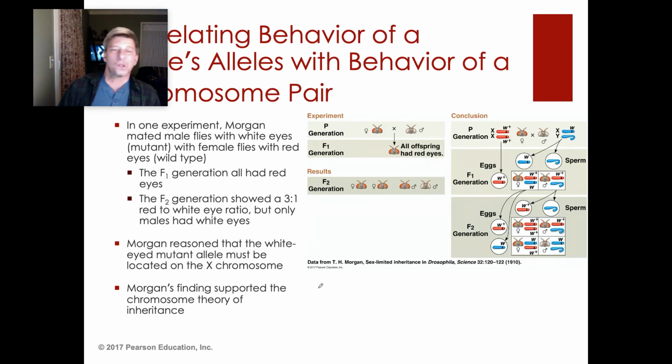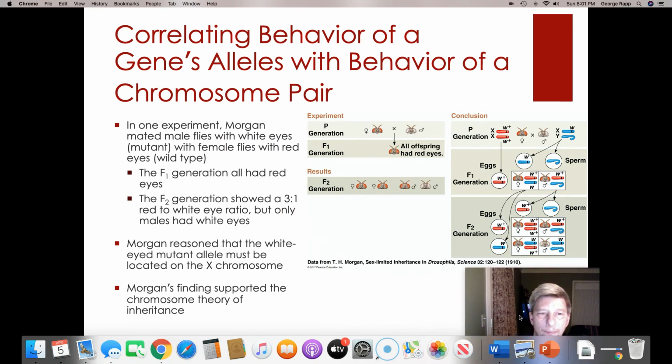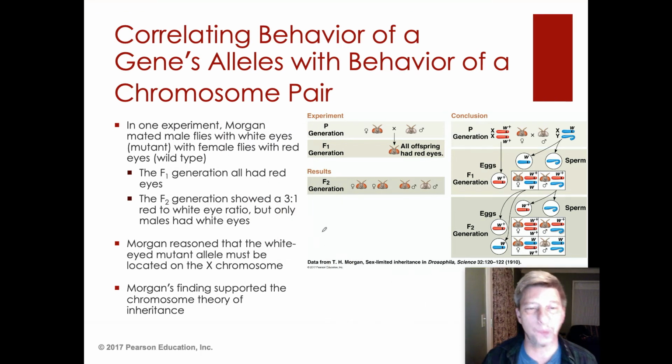Okay, so in one experiment, Morgan took male flies with white eyes, the mutants, and he mated them with female flies that had red eyes, the wild-type eyes. And you can see that original experiment here. So this is the P generation. Here are the red-eyed females, here are the white-eyed males.